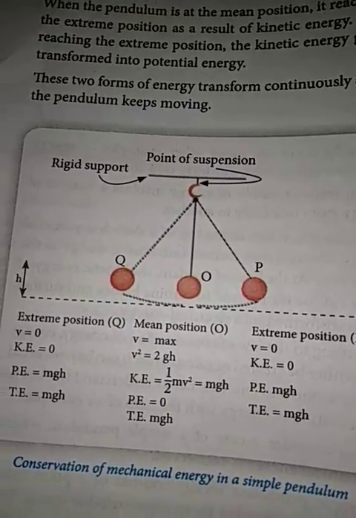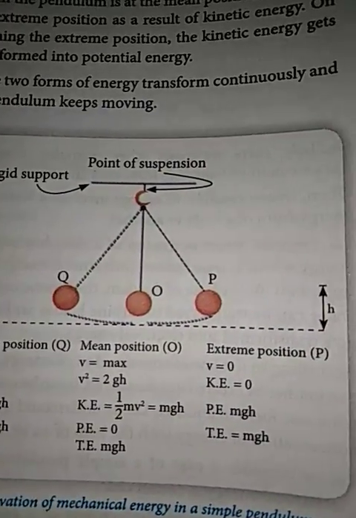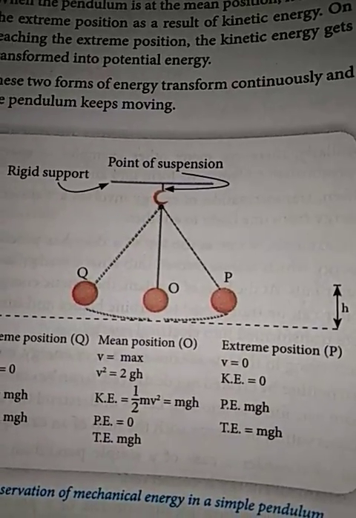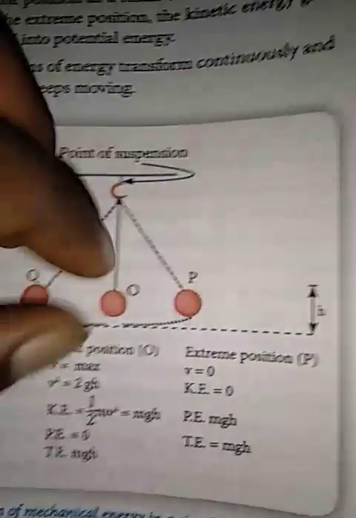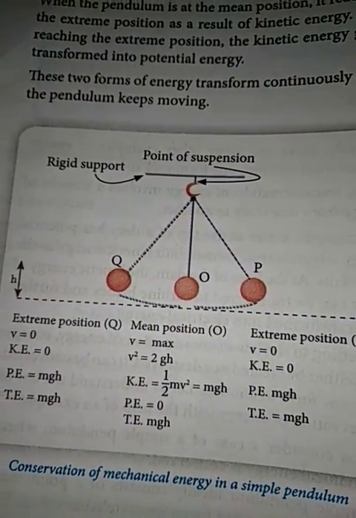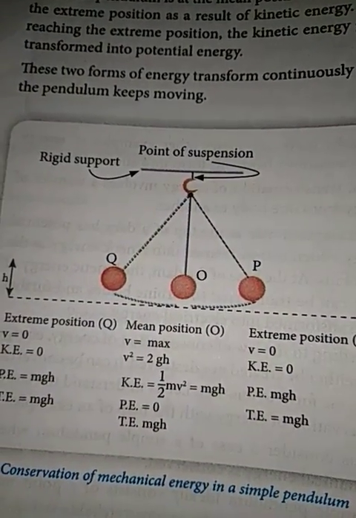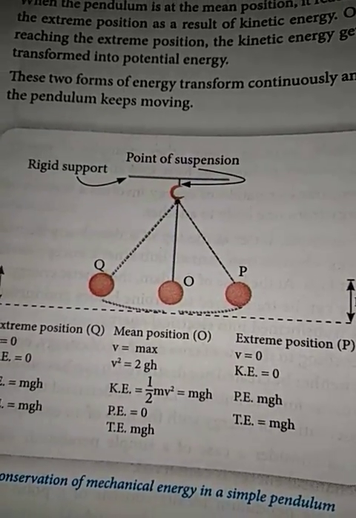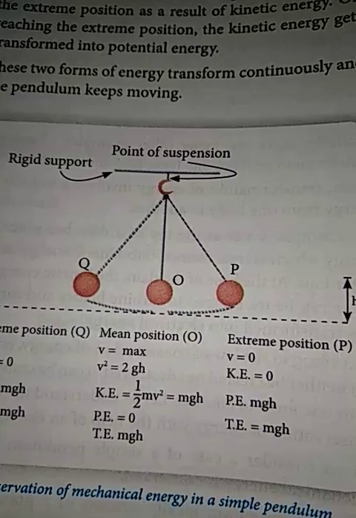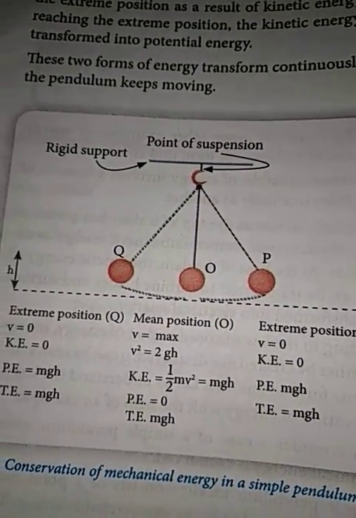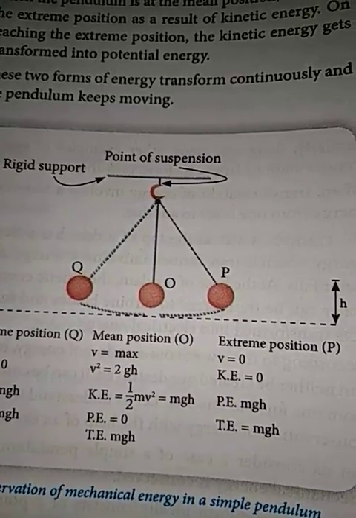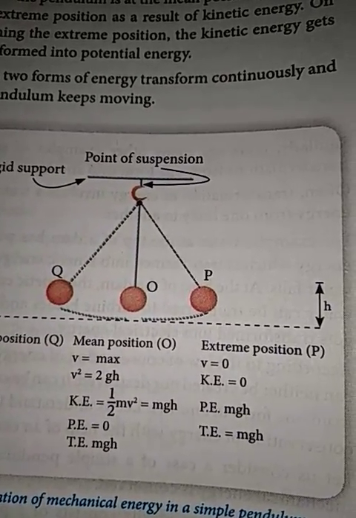At the mean position O, the pendulum has velocity v, and its height is 0. Thus, it has kinetic energy and no gravitational potential energy. When the pendulum is at the mean position, it reaches the extreme position as a result of kinetic energy.